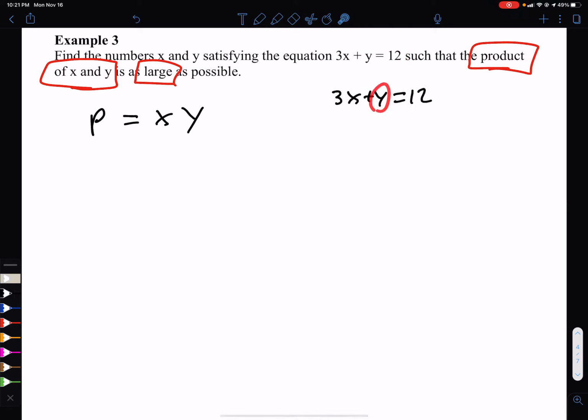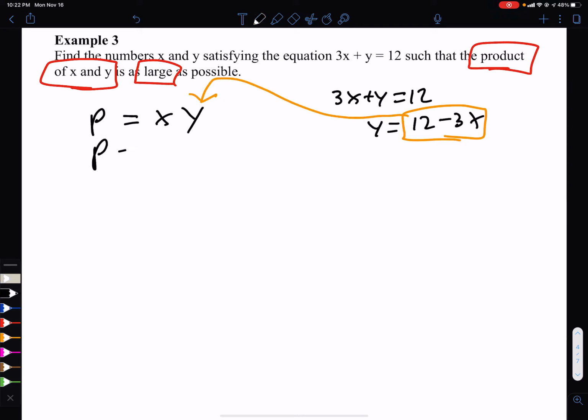Should I solve for y or x? To me, I'd rather solve for y. Less work. It's nice and simple. So I will take this value and replace y with that value. So now I have my product is x times 12 minus 3x. I'm trying to maximize the product.